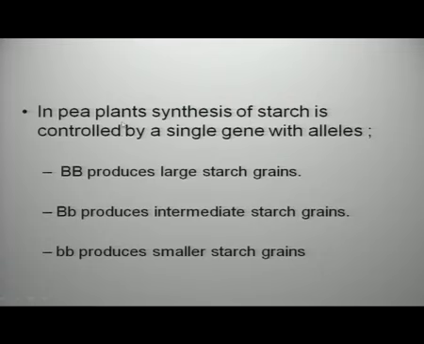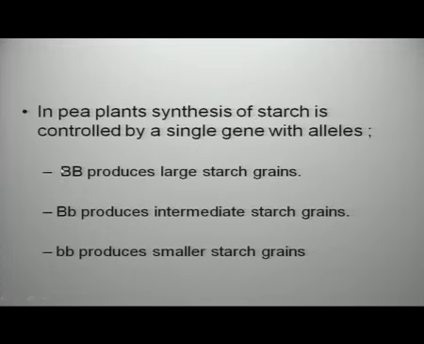Again, in pea plants, the synthesis of starch is also controlled by a single gene. If it is homozygous and dominant, then it produces large-sized starch grains. We are considering that particular gene as capital B here.